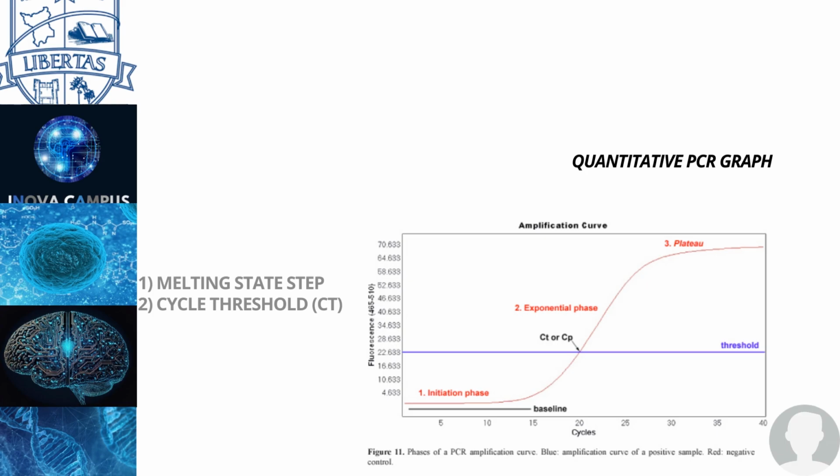And it shows when in this phase that I just mentioned, you have a relevant amount of DNA present in your sample. So it will be the line that will tell you that you actually have a decent concentration of the gene that you're looking for. And that's the CT line.